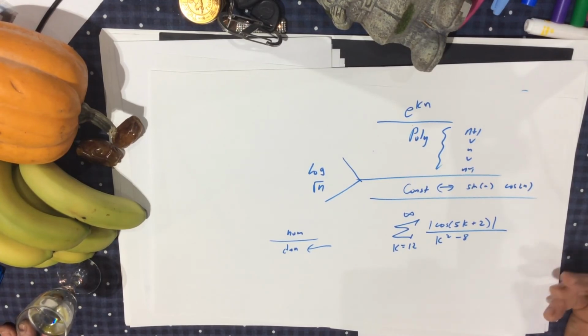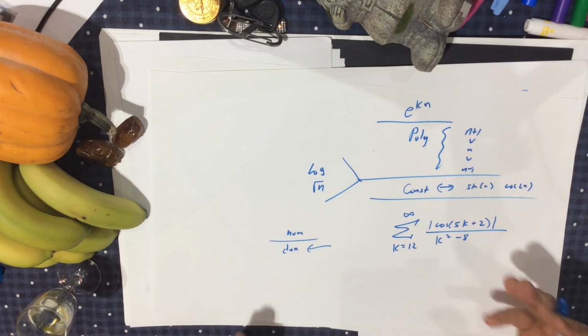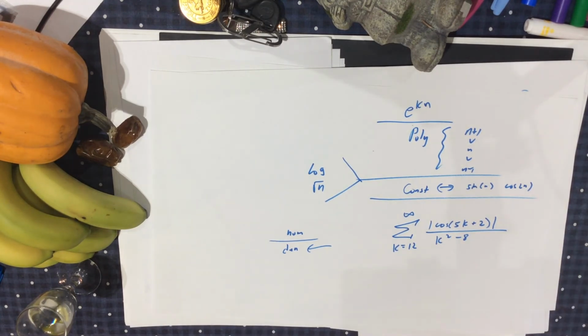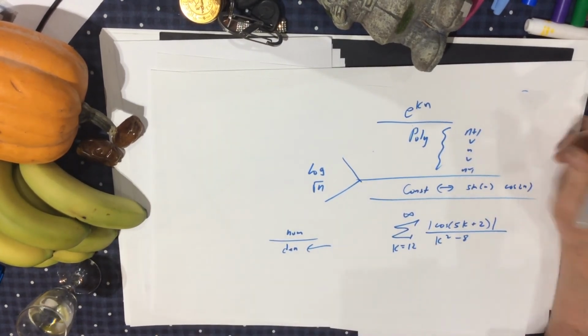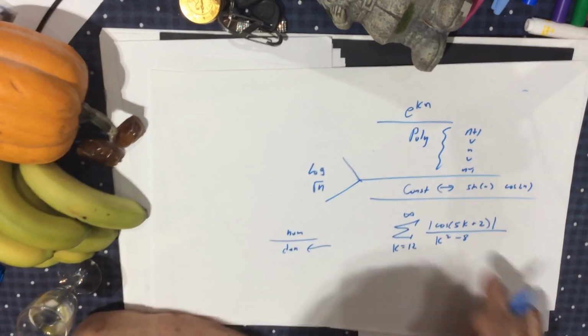So the numerator looks like a constant. The bottom looks like a quadratic. So I'm interested in proving that the limit compared to a quadratic might work. Or if that doesn't work, maybe something slightly smaller than a quadratic but bigger than a linear in the bottom can show that this one is convergent.